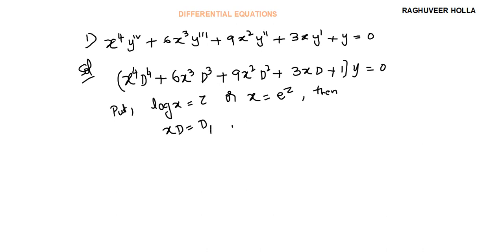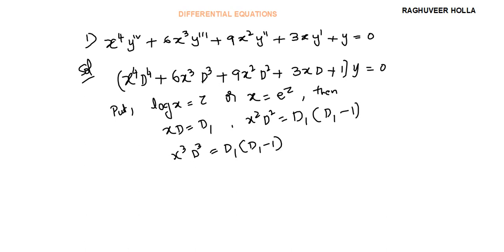Let us substitute that, and x square d square can be written as d1 multiplied by d1 minus 1. And x cube d cube can be written as d1 into d1 minus 1 and d1 minus 2, right?